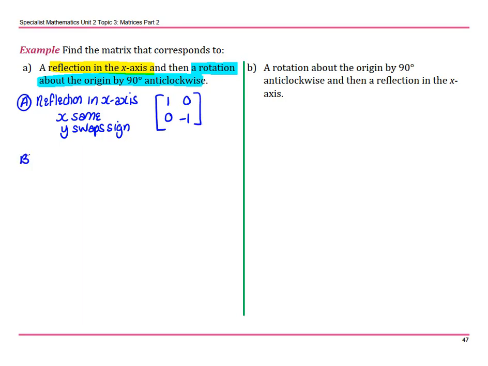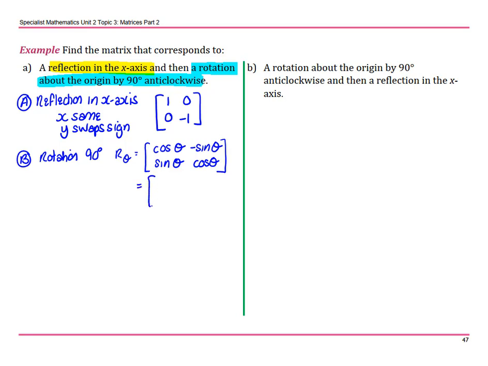Now let's think about the rotation. 90 degrees. So our rotation of theta is given by [cos theta, -sin theta; sin theta, cos theta].